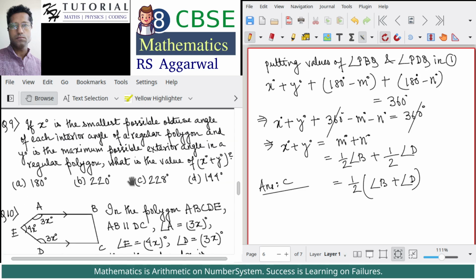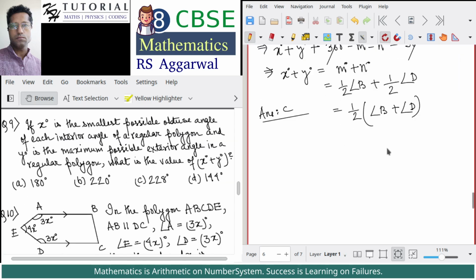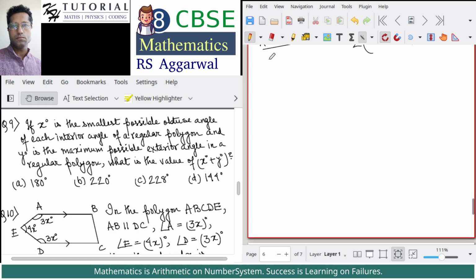Okay, let's do problem number 9. If x degree is the smallest possible obtuse angle of each interior angle of a regular polygon, and y degree is the maximum possible exterior angle in a regular polygon, what is the value of x degree plus y degree?